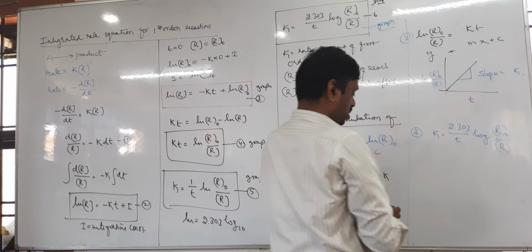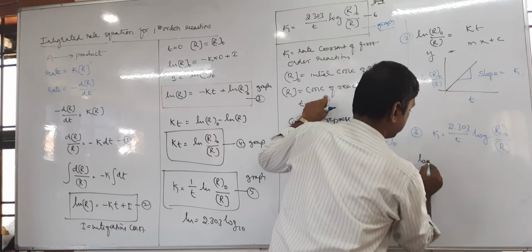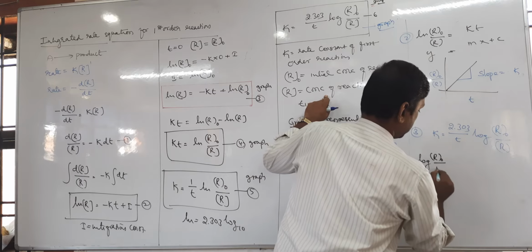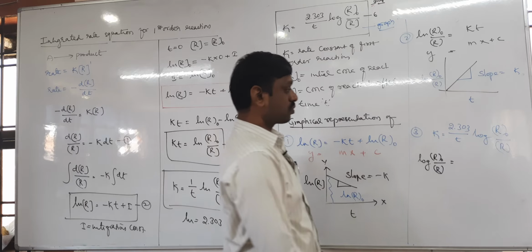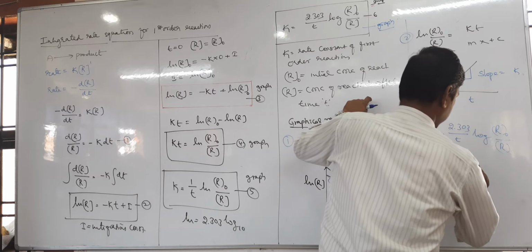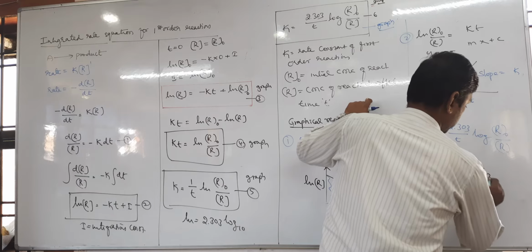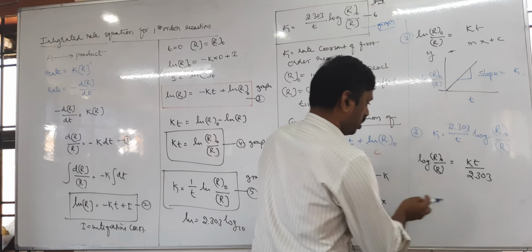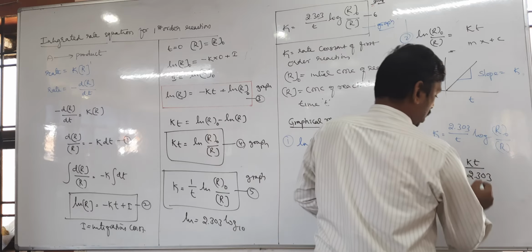Okay, now let us take log r naught by r equal to what? What do we get? So log r naught by r equal to k into t by 2.303. So here take log r naught by r on the y axis and t on the x axis.